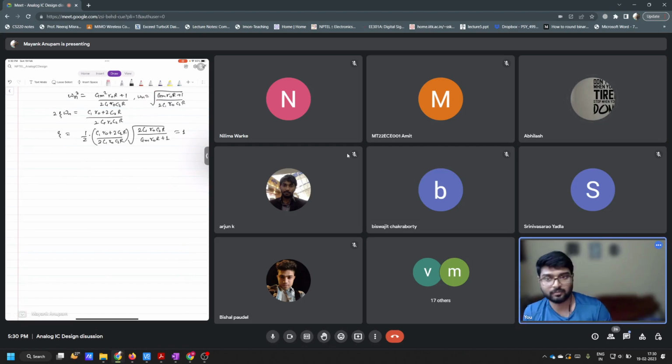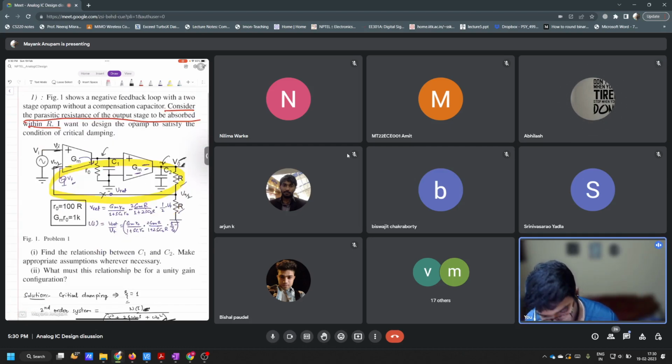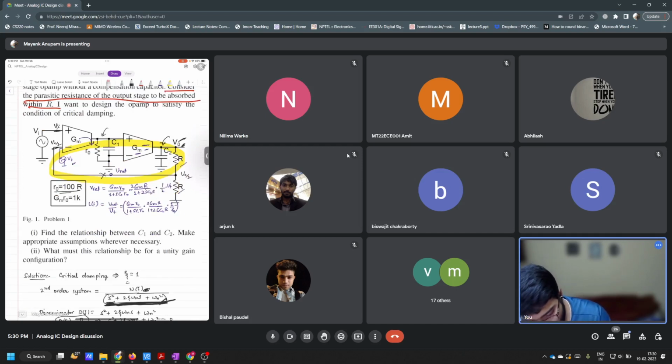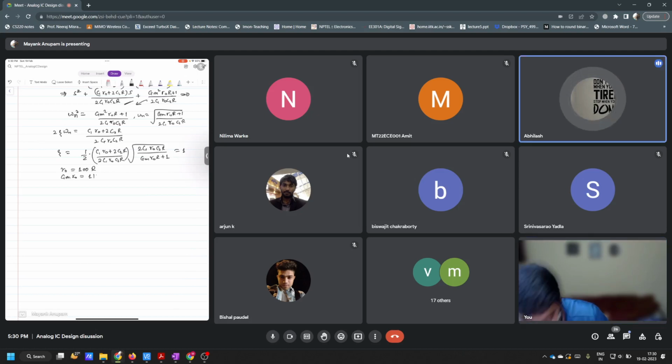Now there are some things given in the question: R naught is equal to 100 times R, and gm R naught is equal to 1k, which is equal to 10 to the power 3. So let's put this here.